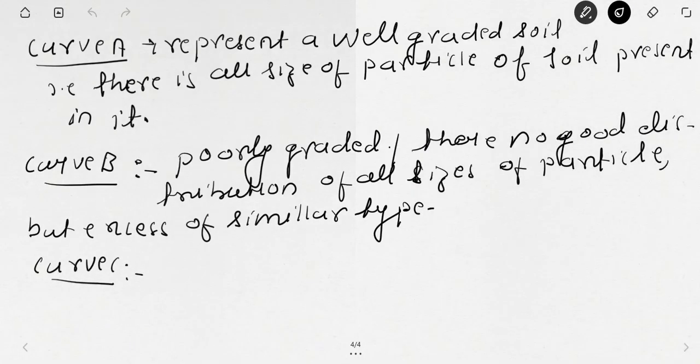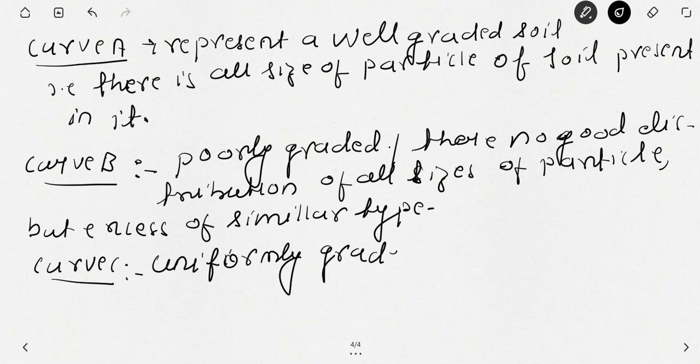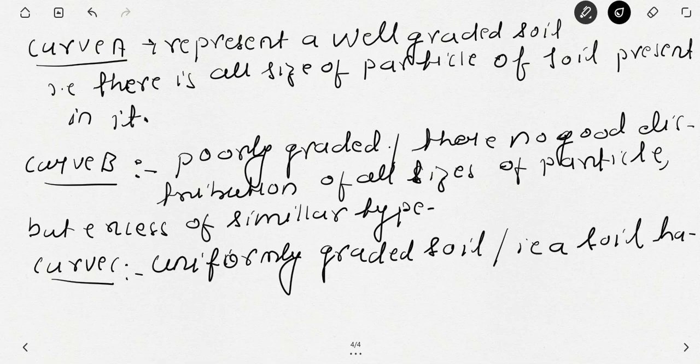So it can be considered a uniformly graded soil, that is, a soil having the same type, same sized particles.